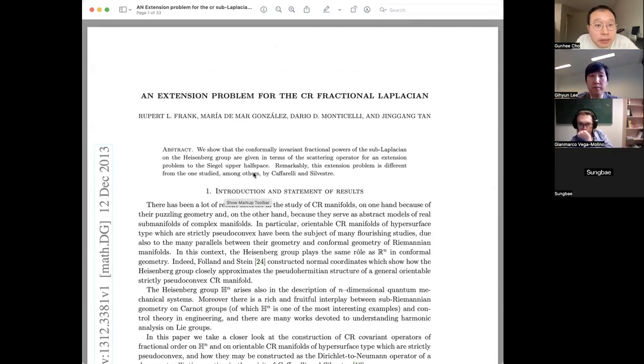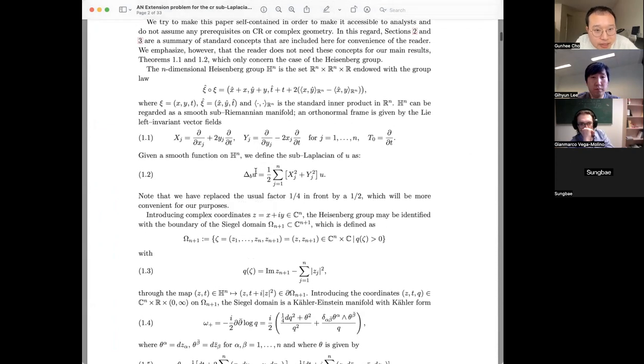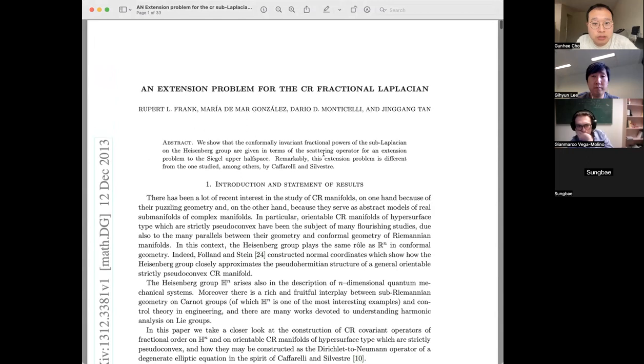So let me try to explain the thing that I care about. This is the same expression as the sub-Laplacian. Okay, so one might consider the fractional analog of the sub-Laplacian, and this is indeed the paper that tried to generalize it to the fractional sub-Laplacian and derive the sharp Sobolev inequality in the context of the Yamabe problem in geometry.